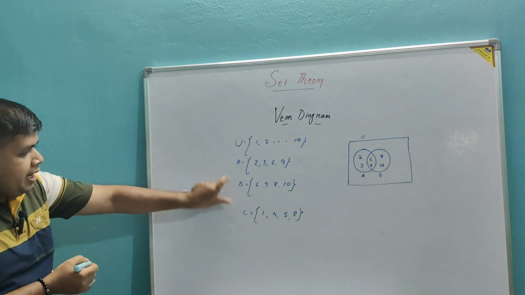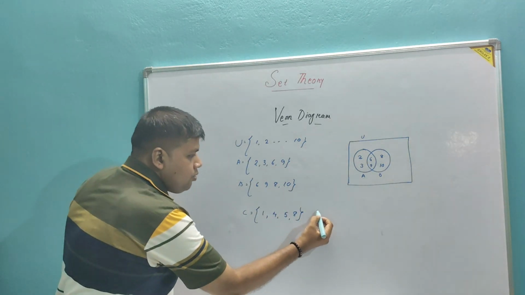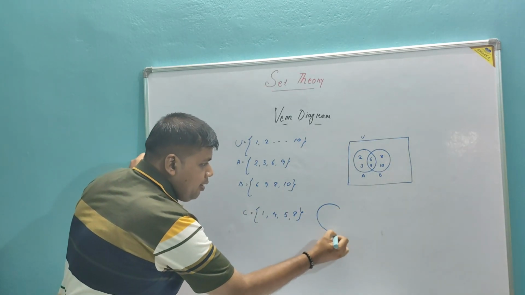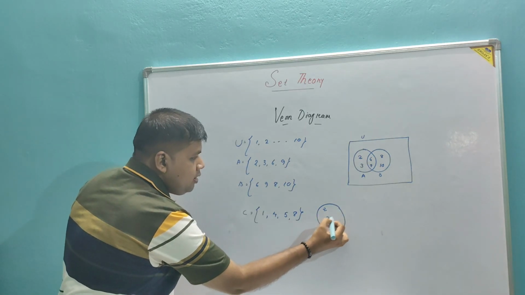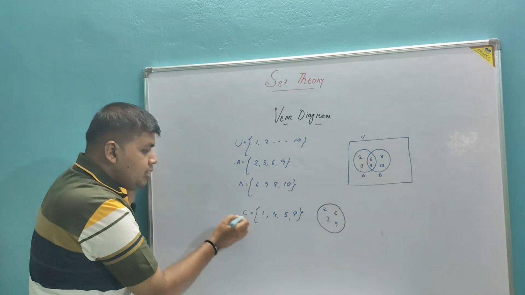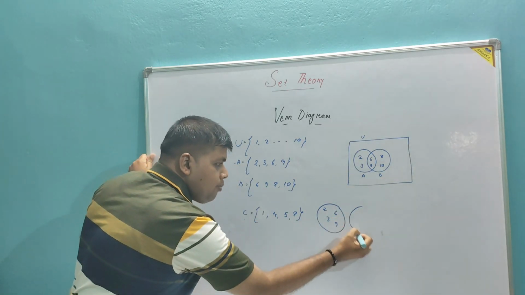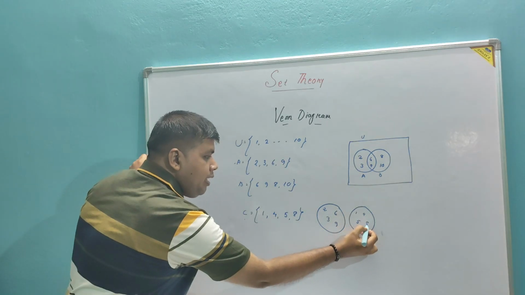Represent A and C using a Venn diagram. The set A contains elements 2, 3, 6, 9, and the set C contains elements 1, 4, 5, 8.